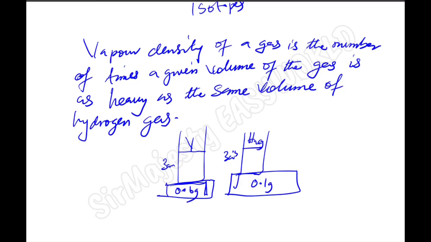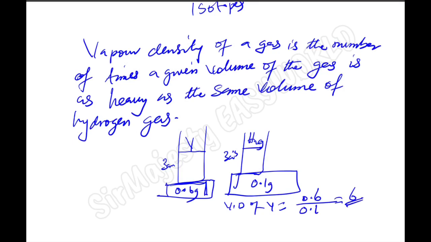It implies that the same volume of V as that of hydrogen weighs 6 times more than hydrogen. Therefore, the vapor density of this gas is equal to the mass of a given volume of that gas over the mass of the same volume of hydrogen, which is 0.6 over 0.1, giving 6.